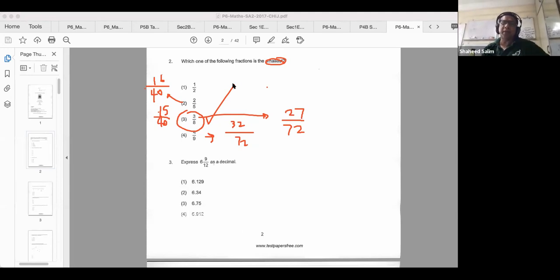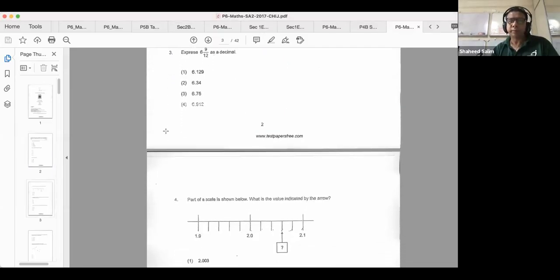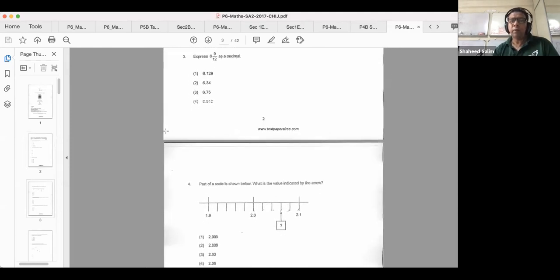Okay, hold on. Let me clear screen here. And then the rest can do the next one. Reduce 9 over 12.